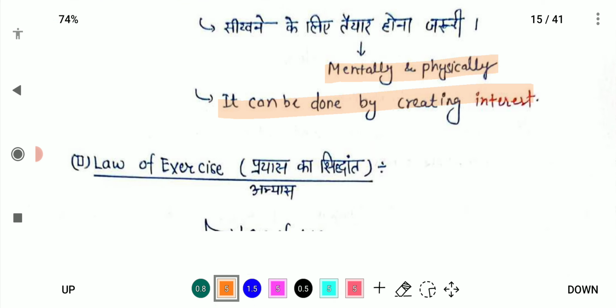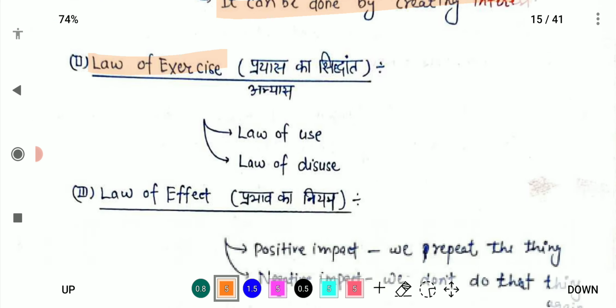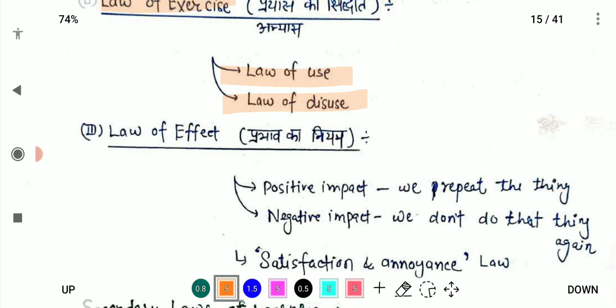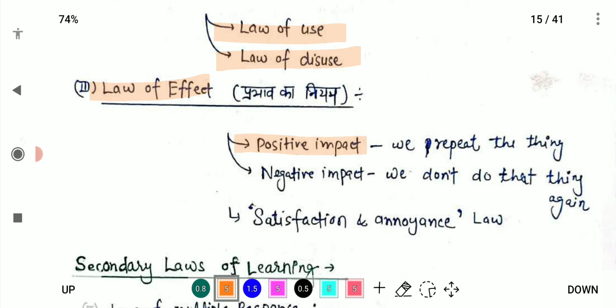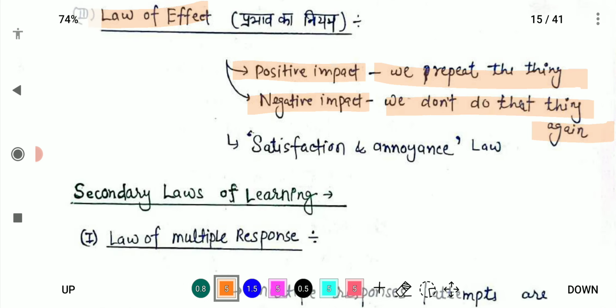That is what readiness refers to. Law of exercise means law of use and law of disuse. If you are doing something continuously, it is law of use. If you are not doing anything, it's law of disuse. Law of effect: positive impact, negative impact. We repeat the thing, or we do not do that thing again. That is the law of effect.